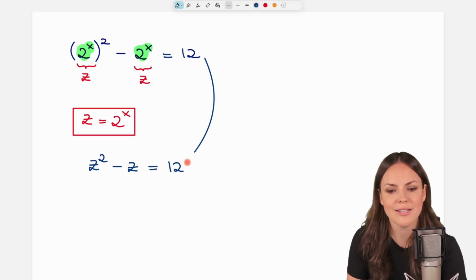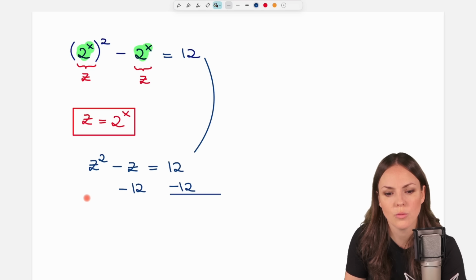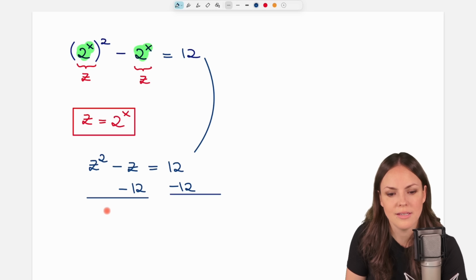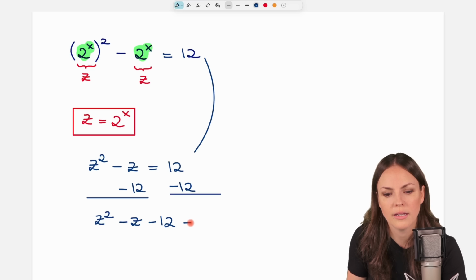But first, let's solve this quadratic equation now. Let's bring the 12 to the left side. So we subtract 12 on this side and on this side as well. Then we have z squared minus z minus 12, and on the other side, this cancels out and we get a 0.